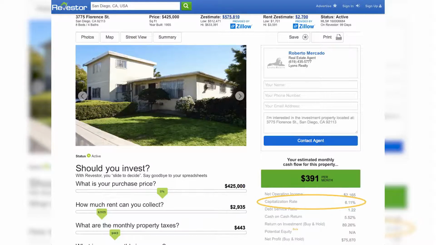So if you go to the detail page, one of the first indicators that you're going to see there is cap rate. And cap rate, capitalization rate, is simply the net operating income over the purchase price. So what does that mean? It just gives you a gauge as to whether the property's good or not based on the price I'm paying and the expenses associated with the property.